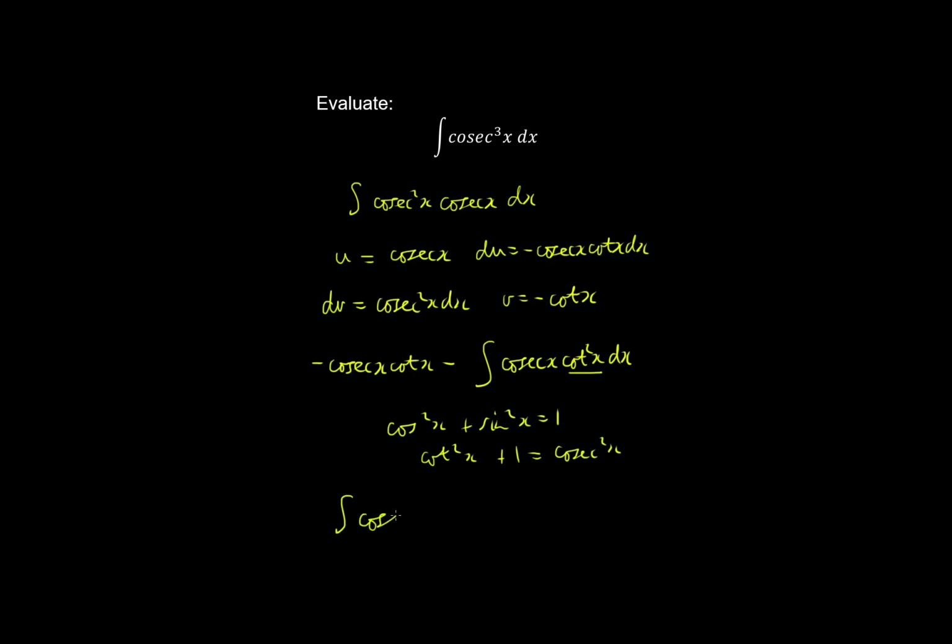So we get the integral of cosec x times cosec squared x minus 1. So effectively we've replaced this integral, and then we just subtract the result from here, and then equate the result with this original integral and solve for the integral of cosec cubed x. So have a go at doing that and post your answer in the comments.